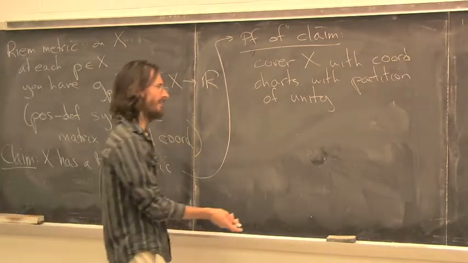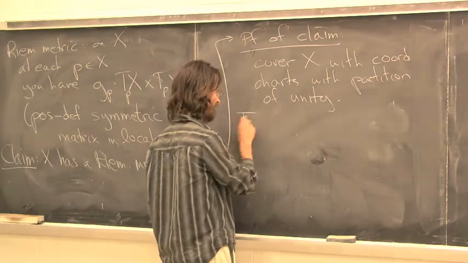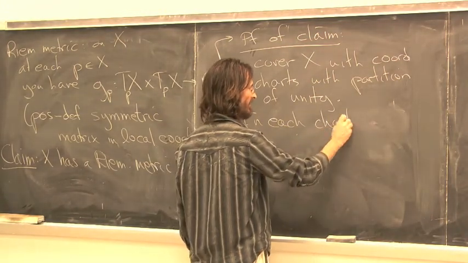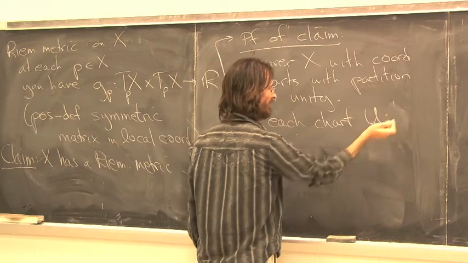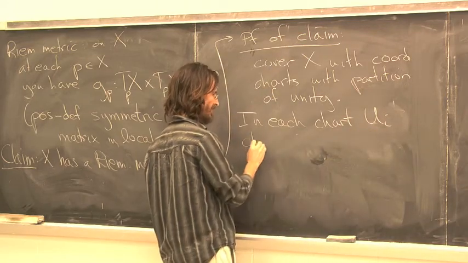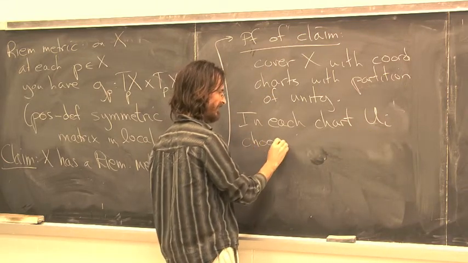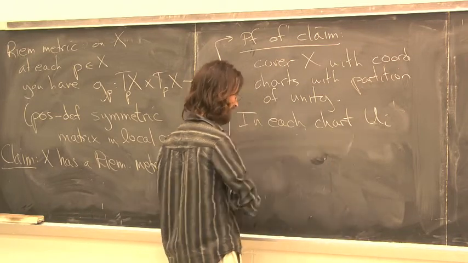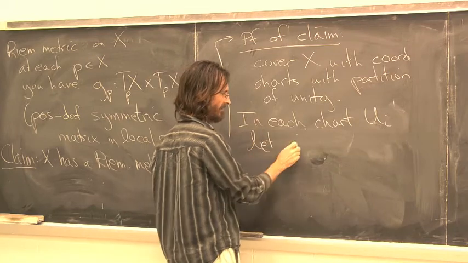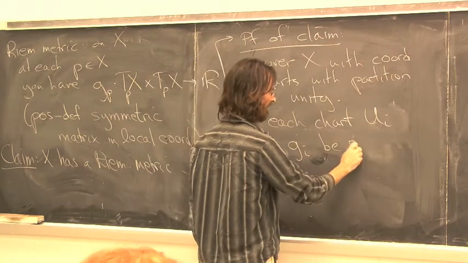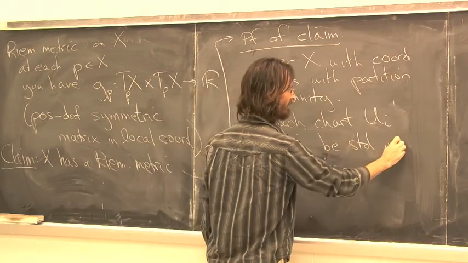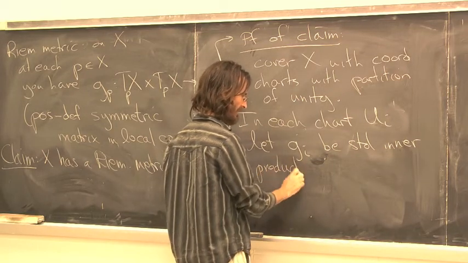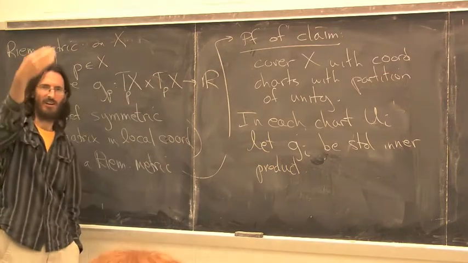And so then in each chart U_i, you choose the standard inner product. Let g_i be the standard inner product in these coordinates. In other words, to be very technical, you take the standard inner product on R^n.